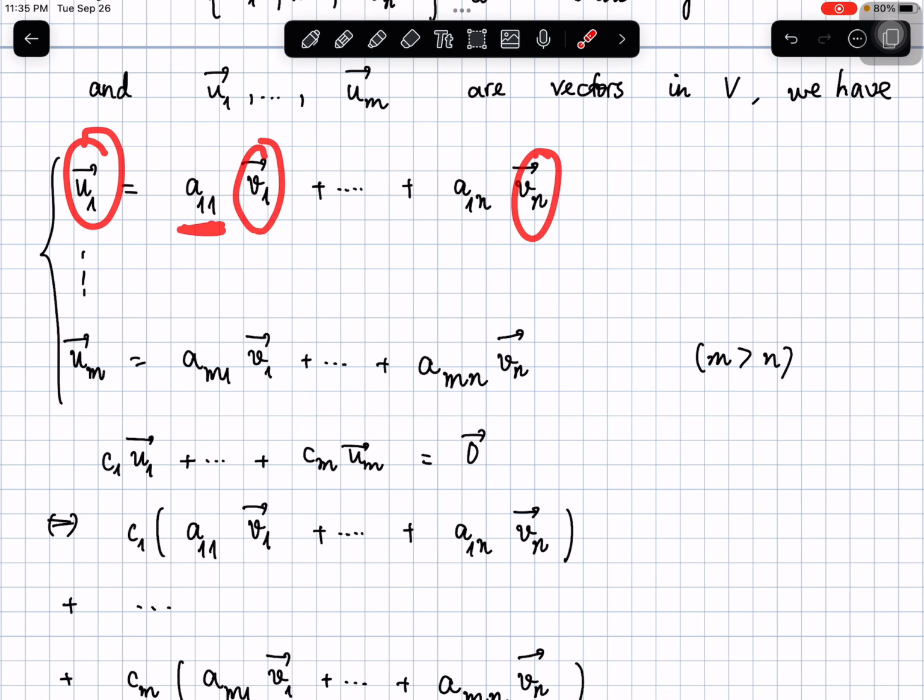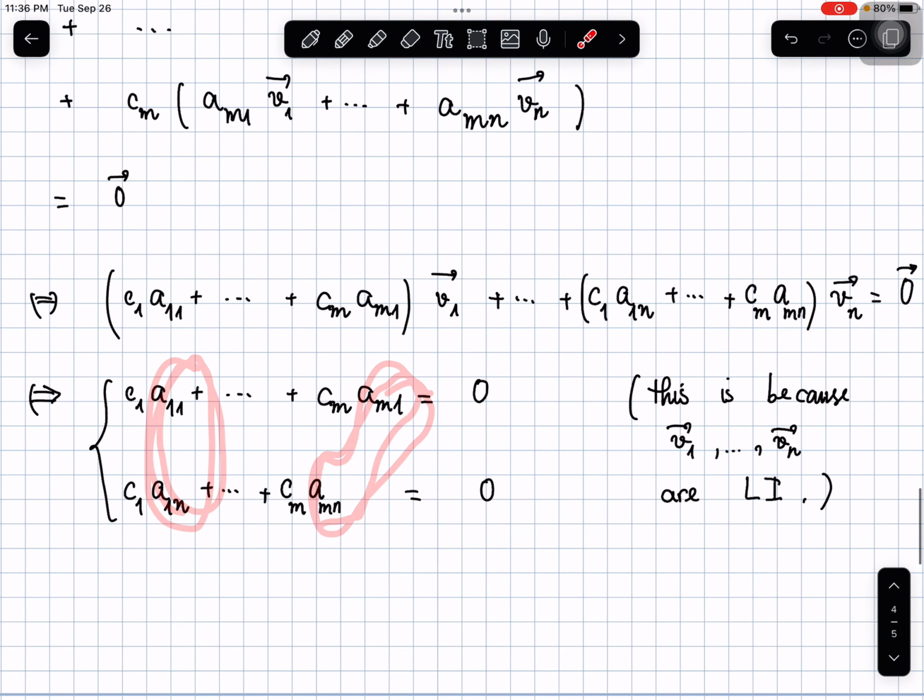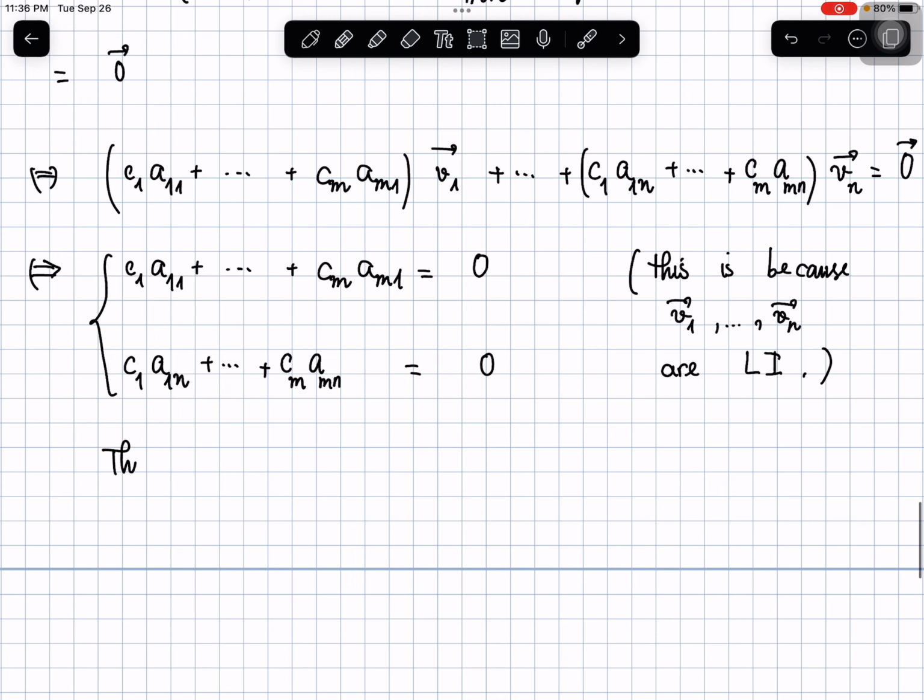So we know a11, a12, a1n, am1 to amn. The variables here are c1 to cm, right? So this is a homogeneous system.